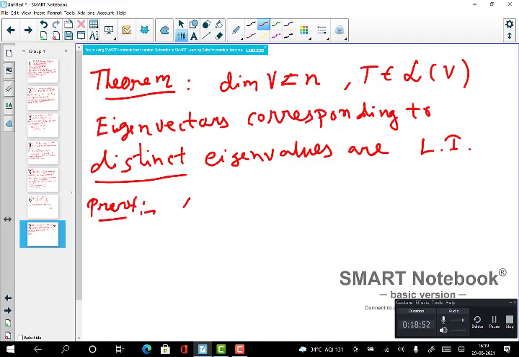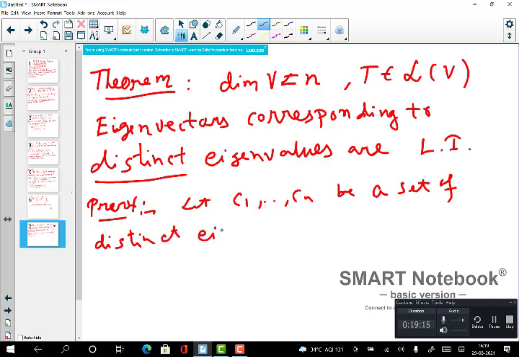So let c1, c2, ..., cn be a set of distinct eigenvalues of T, and so you choose eigenvectors, say v1, v2, ..., vn are corresponding eigenvectors.